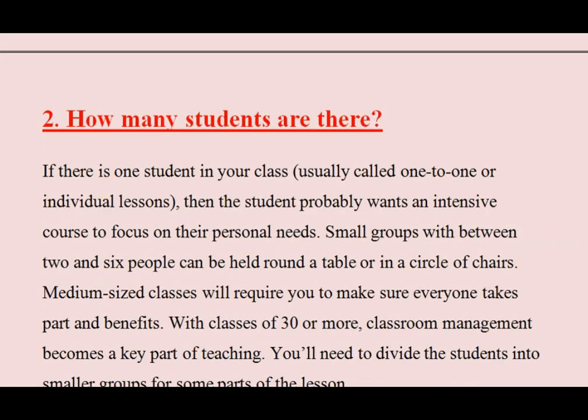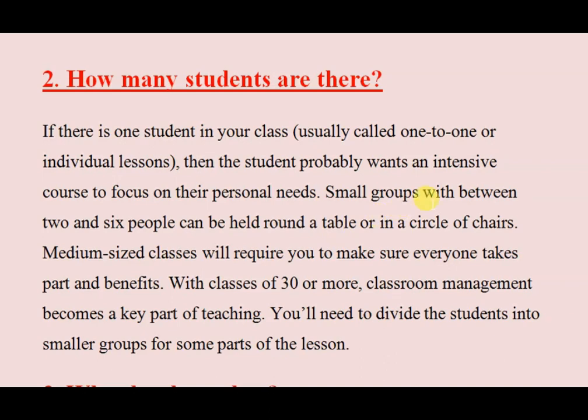2. How many students are there? If there is one student in your class, usually called one-to-one or individual lessons, then the student probably wants an intensive course to focus on their personal needs. Small groups with between 2 and 6 people can be held round a table or in a circle of chairs.